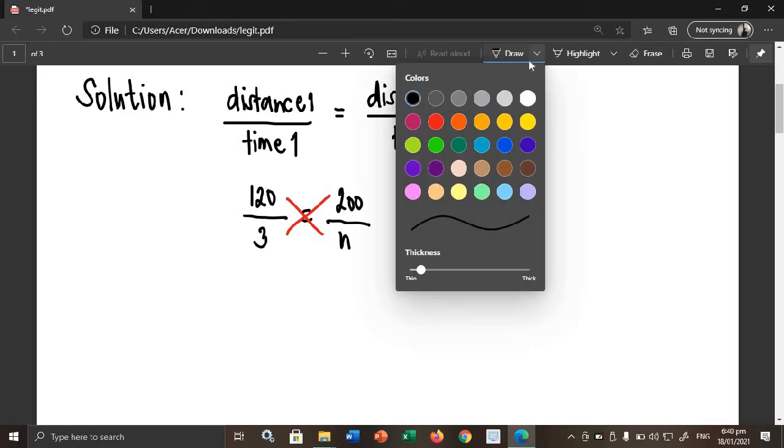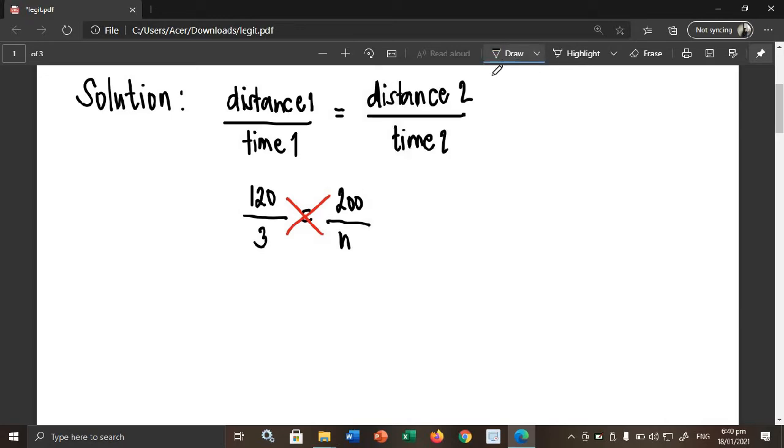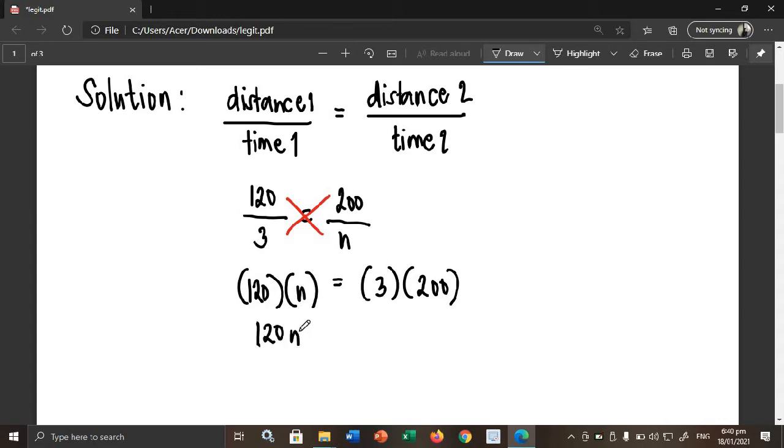So when we cross-multiply, it becomes 120 times n is equal to 3 times 200. 120 times n, you just need to combine them. If you multiply a number and a variable or a letter, you just combine them. So 120n is equal to 3 times 200, which is 600.